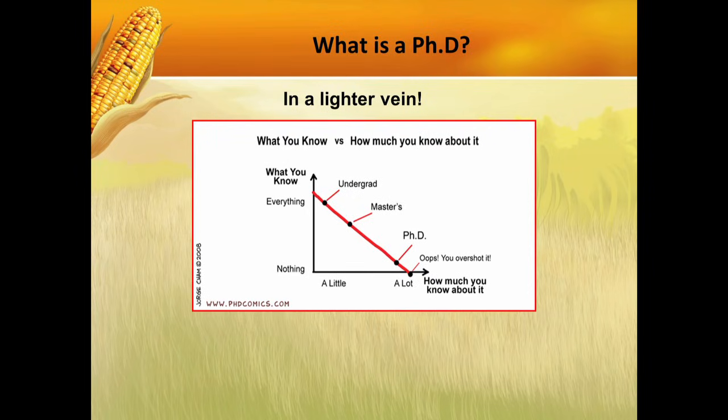Okay, what is a PhD? In a lighter vein, the y-axis, the ordinate, is what you know, and the abscissa, the x-axis, is how much you know about it. If you are an undergraduate student, you get to know something about everything, but you get to know little about everything.